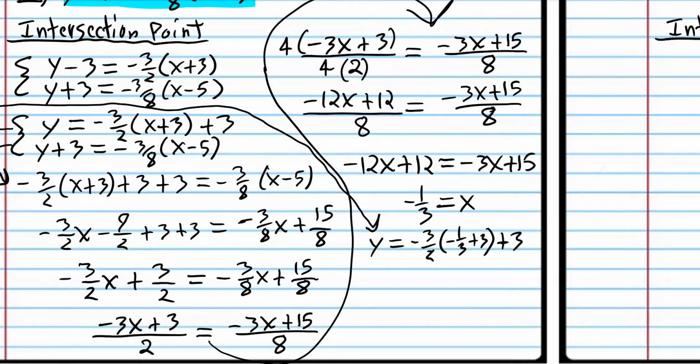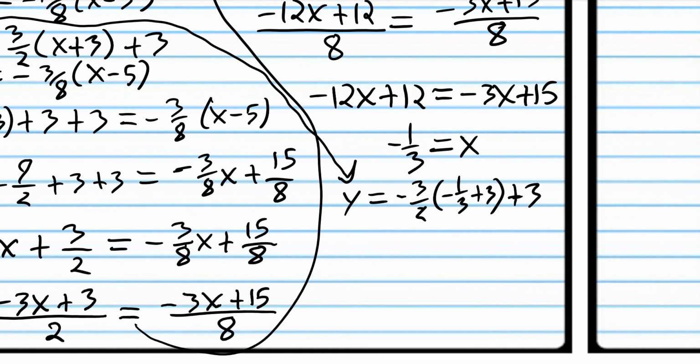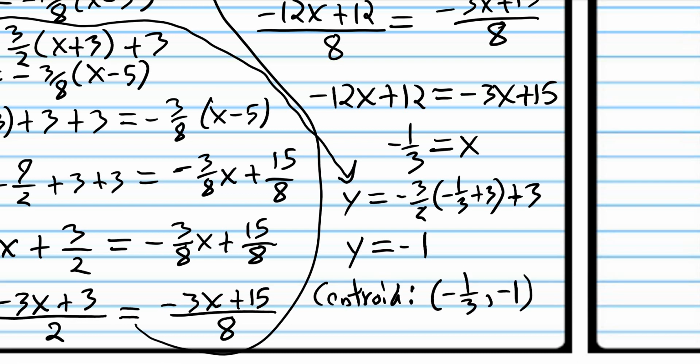That looks all right. And negative 1/3 plus 3, that would be 8/3. 8/3 times negative 3/2 is negative 4. Negative 4 plus 3 is negative 1. So y equals negative 1. And the coordinate of the centroid is negative 1/3 and negative 1.